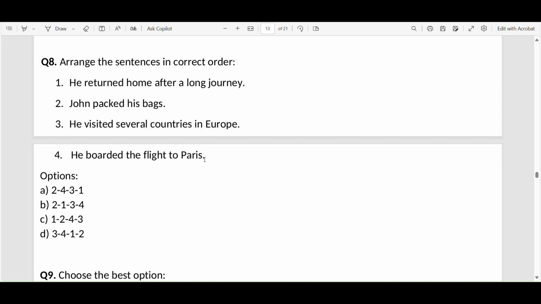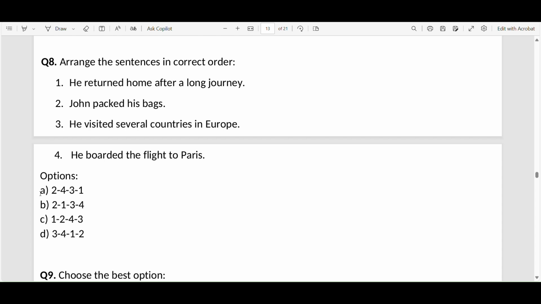So when you see all these sentences, then you may get an idea. See, every sentence is starting with he. But who is that he? That he is John. So John packed his bags would be the first sentence. So number two would be the first sentence. So you need to just verify with the options.